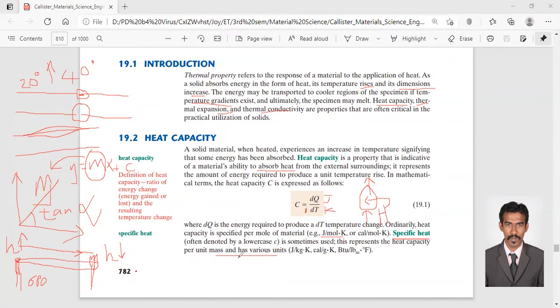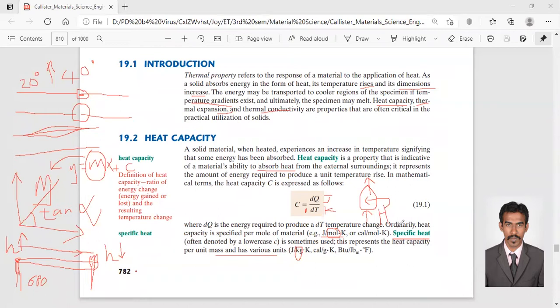So there it will come as joule per kilogram Kelvin. Here it's per mole, which is the amount of the substance, but specific heat capacity is joule per kilogram Kelvin. So this is the difference between specific heat capacity and heat capacity. These are not the same terms.